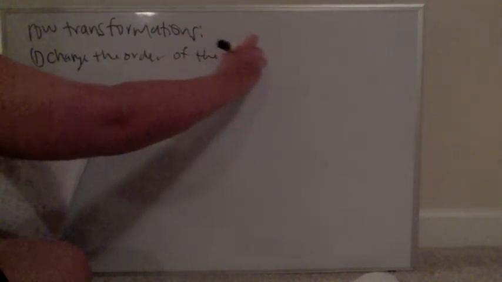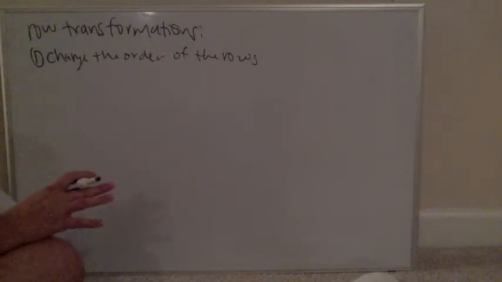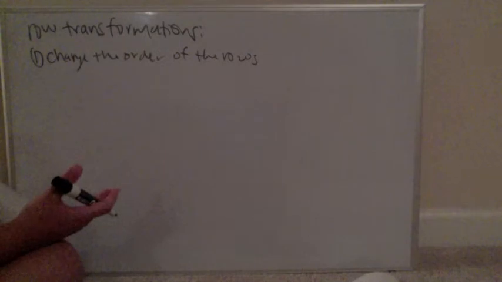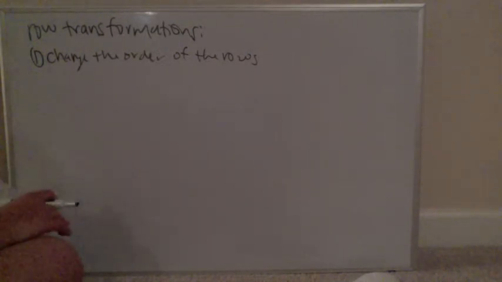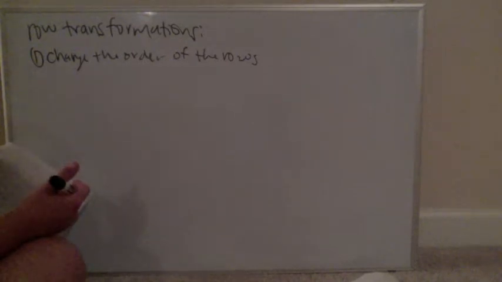You could change the order of the rows. So if one row that's on the bottom, if it would help us to put that on the top to change it in that form quicker, then you can do that.